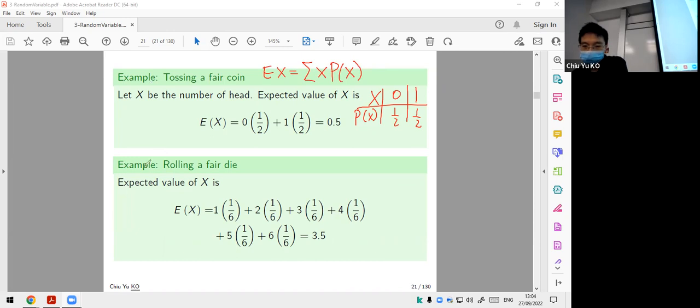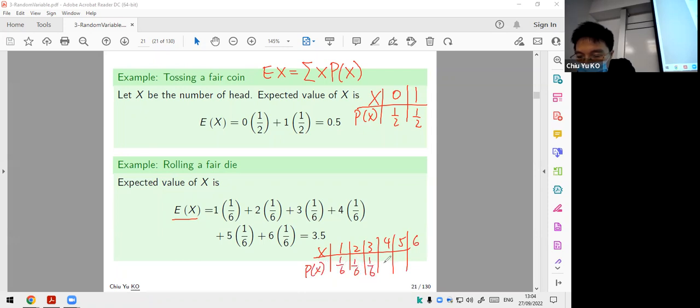Similarly, you can calculate the expected value of rolling a die. Just to remind you why this is the case, X can be 1, 2, 3, 4, 5, and 6, and P of X is always 1/6 because it's a fair die.